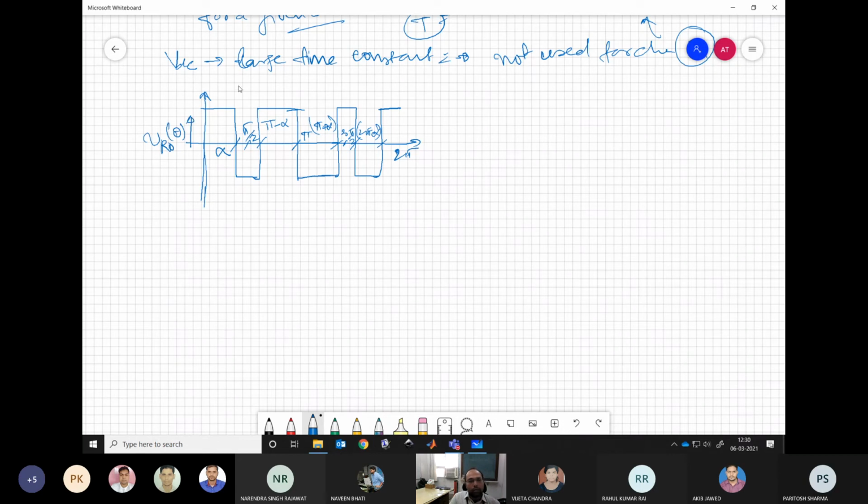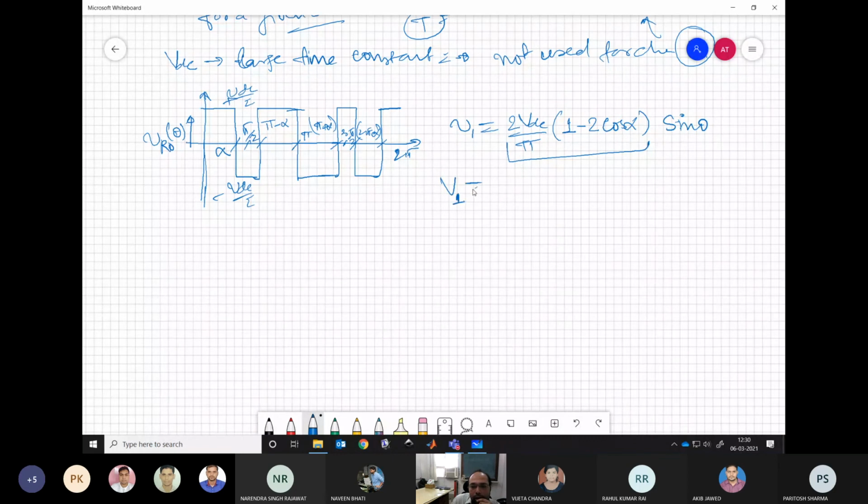Now for this waveform, these levels are plus and minus VDC by 2. If you do the Fourier analysis, we will get the component V1 given as 2 VDC by pi multiplied by (1 minus 2 cos alpha) times sine theta. So this is our fundamental component magnitude V1, which is 2 VDC by pi times (1 minus 2 cos alpha).